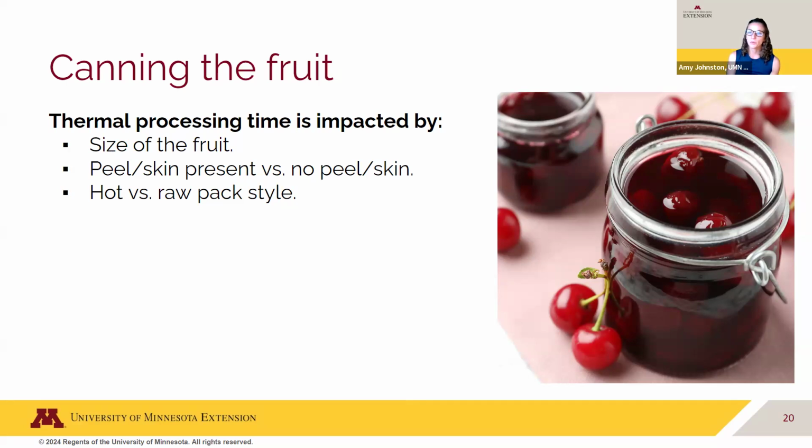If there's a peel or skin present versus no peel or skin present, again, if there's a peel or skin, the heat has to first pass through that to get to the inside of the fruit. And then there's raw and hot pack styles. Again, going to be dependent on the type of the fruit and how easily the heat can penetrate that food.